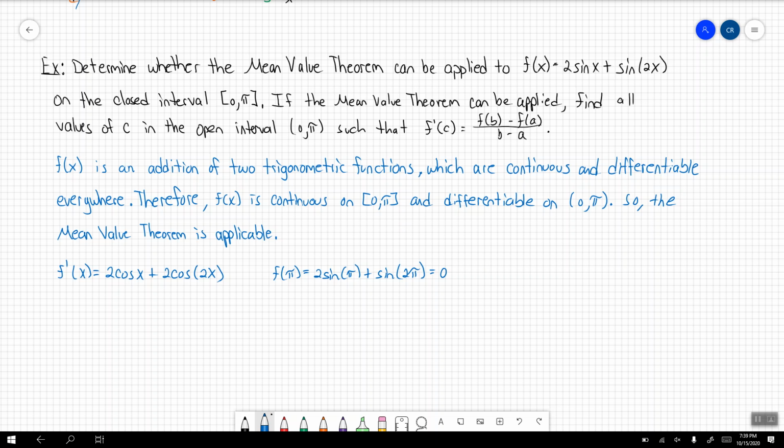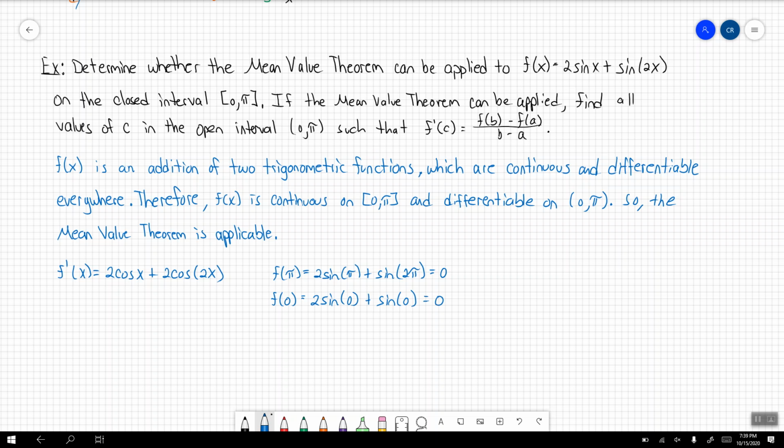Therefore, we get 0. And I'm also looking at f of 0. 2 sine at 0 plus sine at, again, 0 will give us 0. Well, look at that. That's awesome.